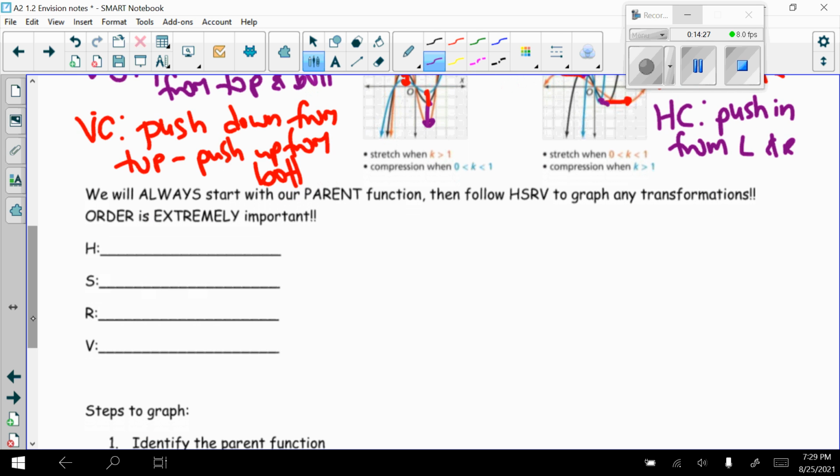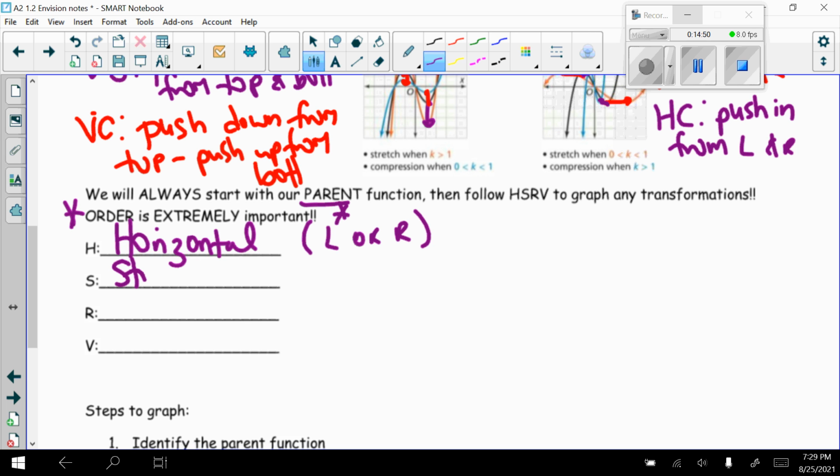We will always start with our parent function. Then we follow HSRV to graph any transformations. The order is extremely important. You always go HSRV. H stands for any horizontal movement, left or right. The S stands for any stretches or compressions.